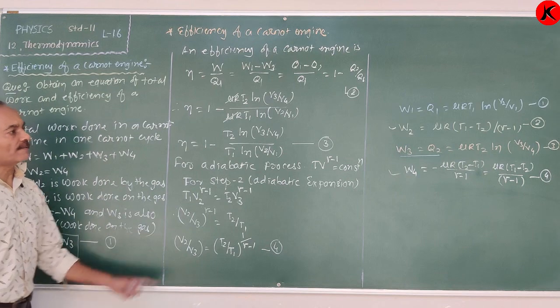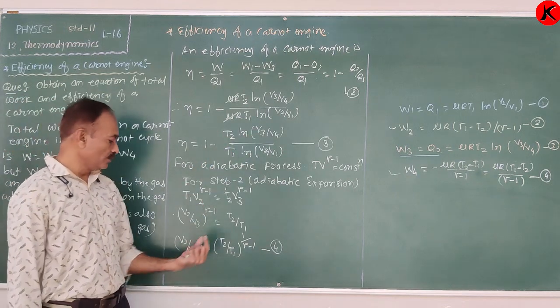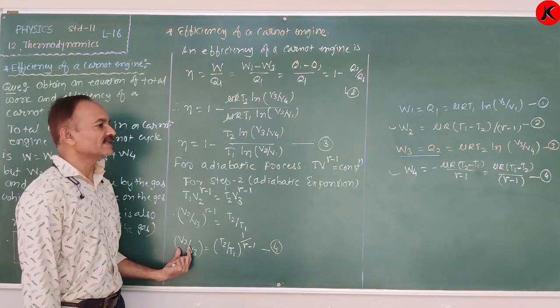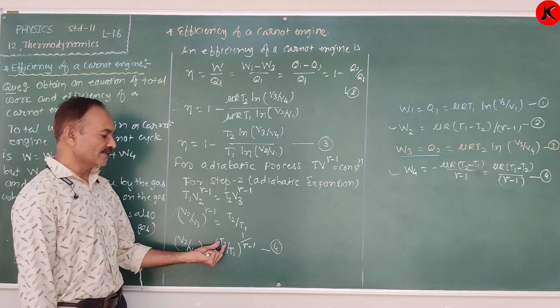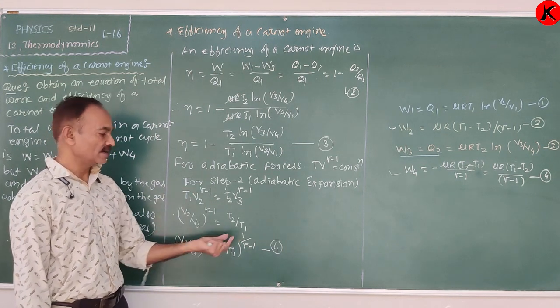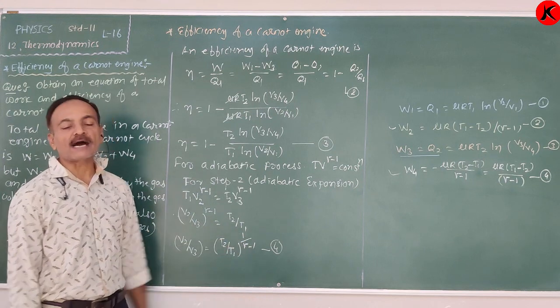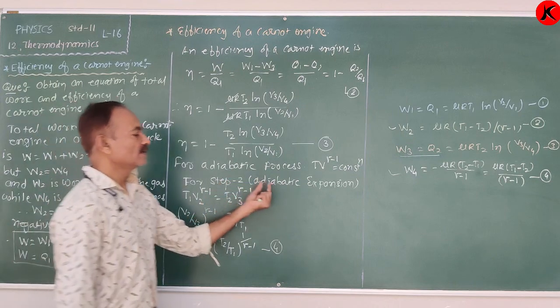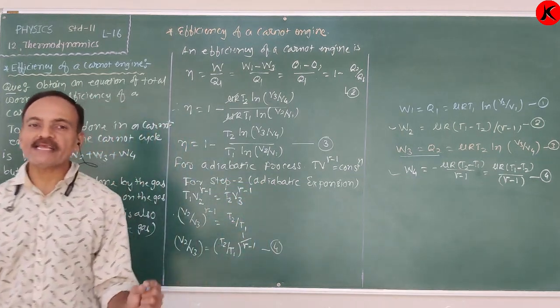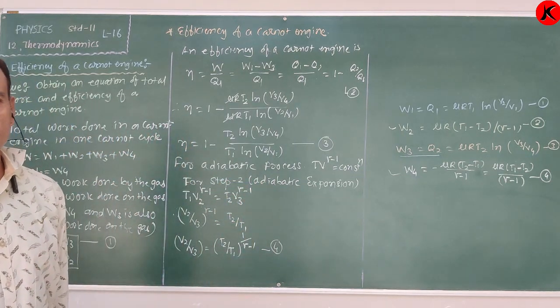So thus we obtain the value of V2 upon V3, equal to T2 upon T1 raised to 1 upon gamma minus 1. That is for step 2. During this step, the adiabatic expansion takes place.